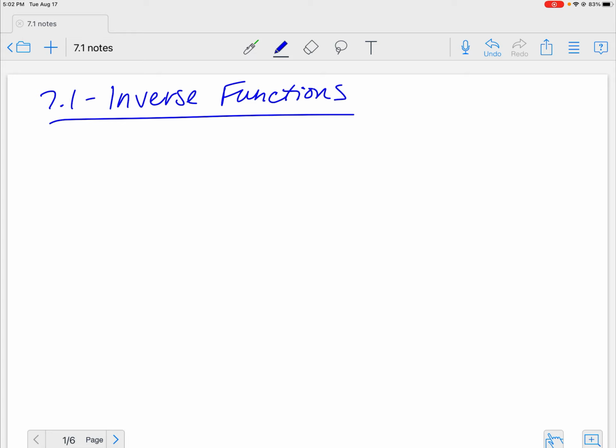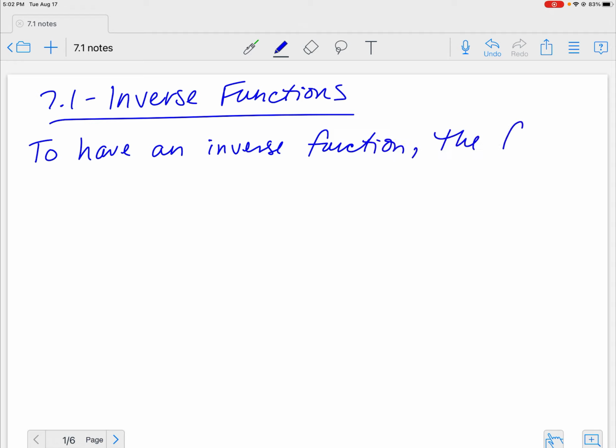So the first thing we're going to be talking about are inverse functions. All right. So in order to have an inverse function, the function has to be 1-to-1, which is just a symbol for it. It's a 1-1.